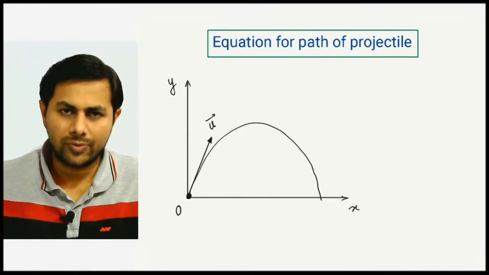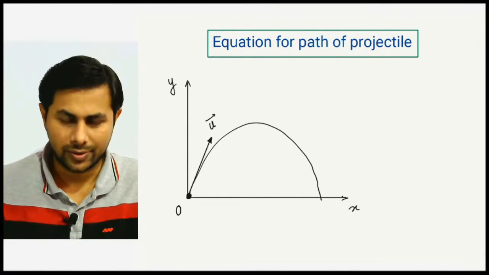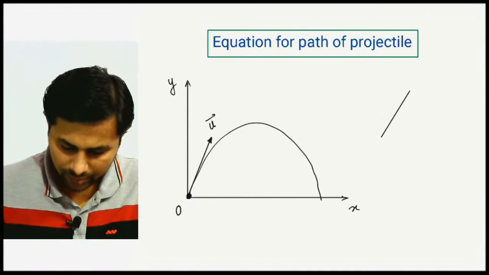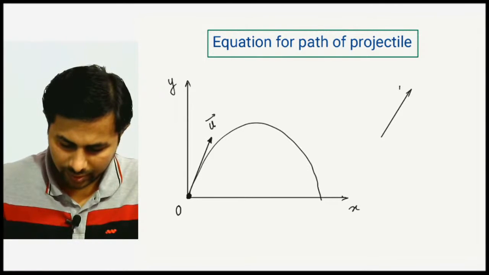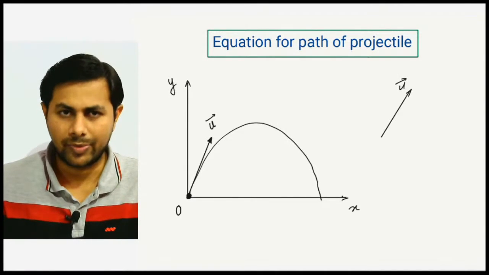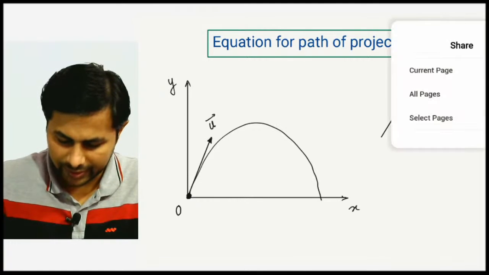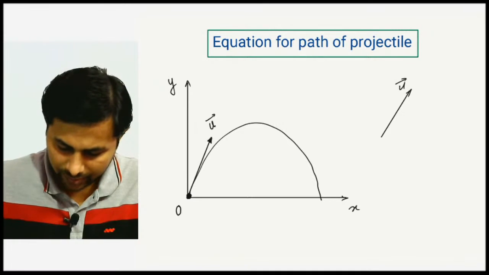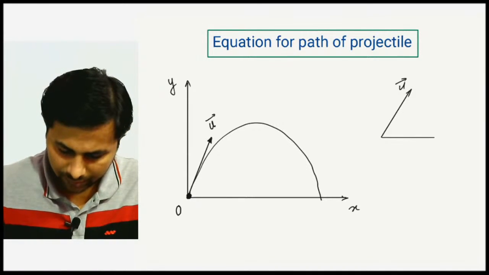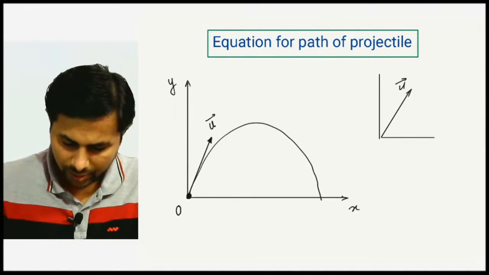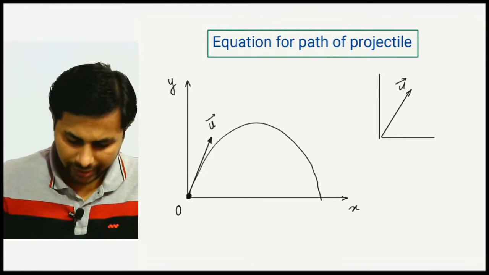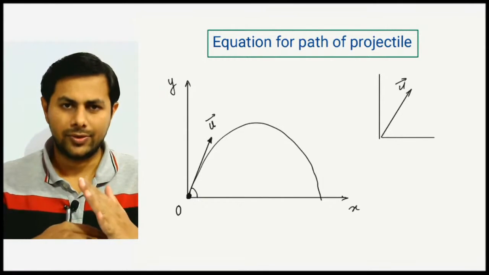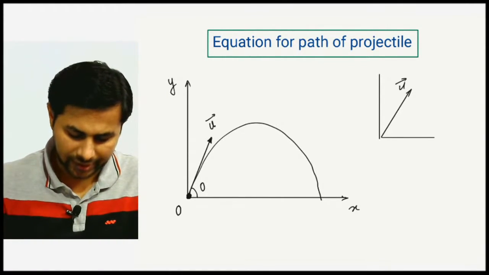Now we can resolve this velocity into two components. This u bar can be resolved into two perpendicular components, one along the x-axis and another one along the y-axis. So suppose the initial angle between the path of projectile and the ground is theta.